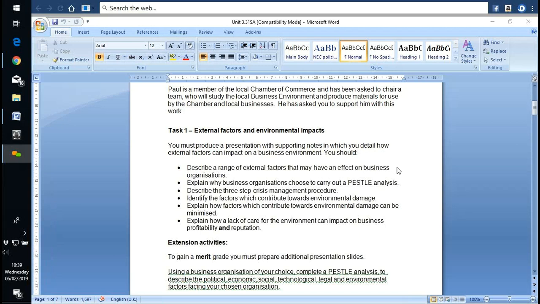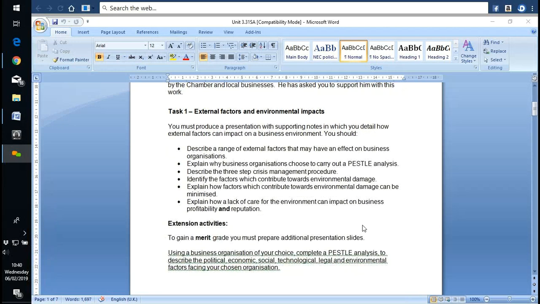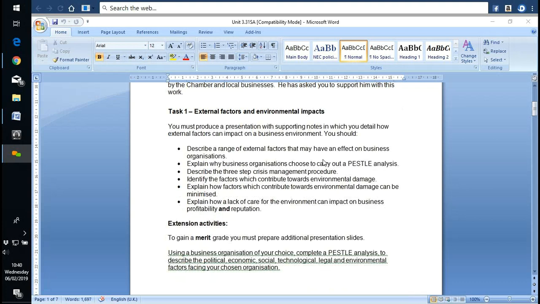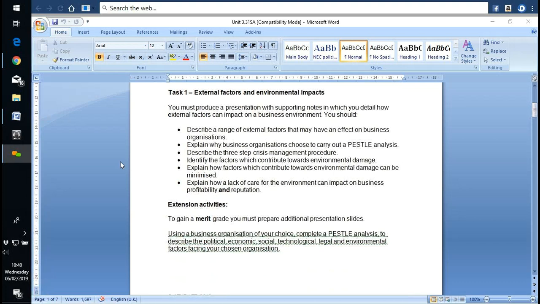So those are the range of external factors that can affect business organisations. So really all you need to do is some slides with an explanation of what political, economic, social, technological, legal and environmental factors face organisations in general, yeah?